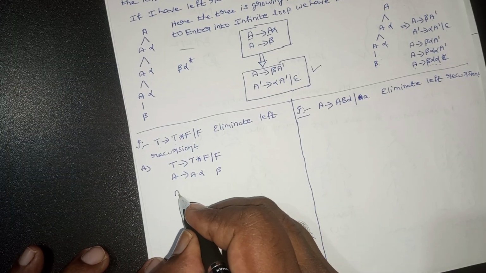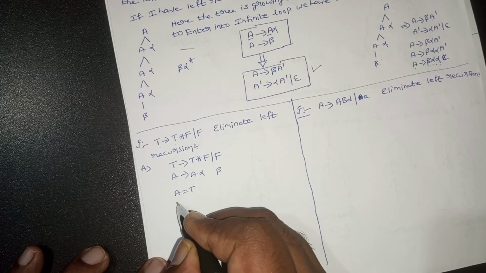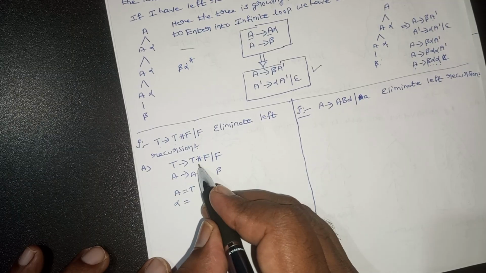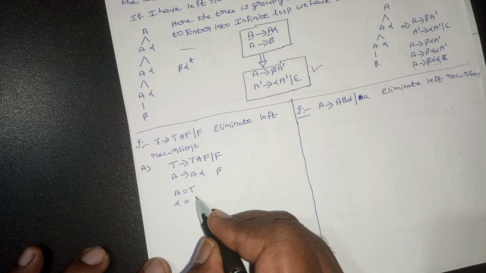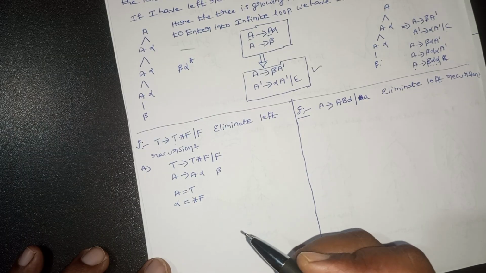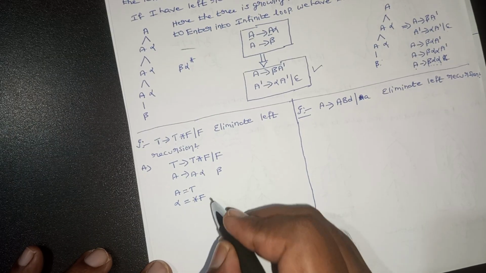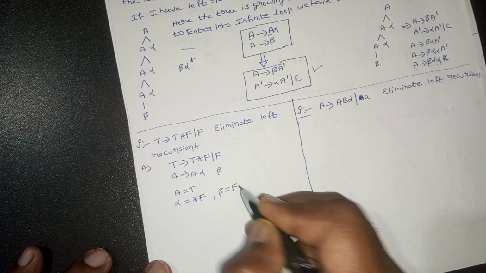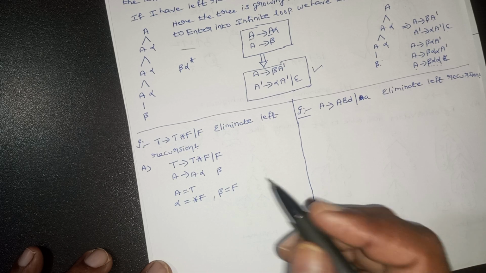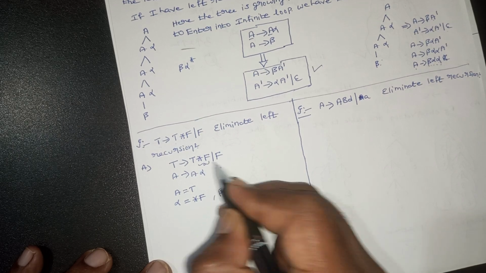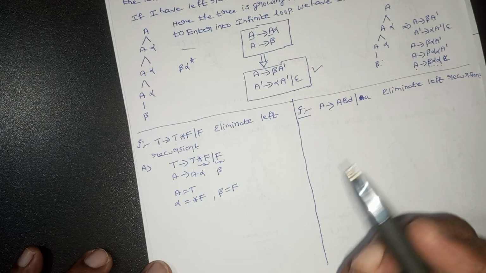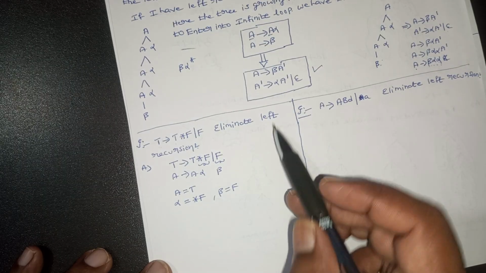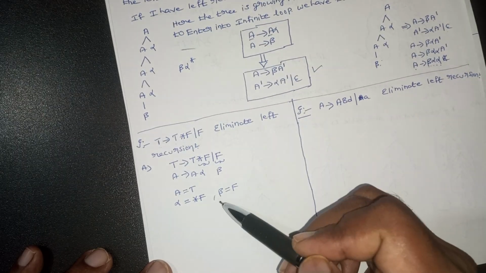A equals T. What is alpha? Alpha equals star F. Beta equals F. This is the alpha, this is the beta. Now you apply this formula.